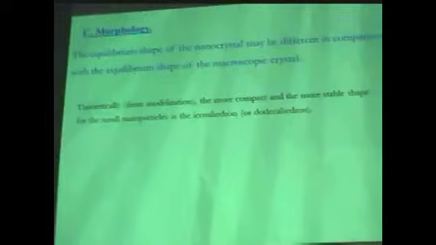The morphology of the nanoparticles also changes depending on the size, but the influence of the size is also not evident. The equilibrium shape of the nanocrystal may be different in comparison with the equilibrium shape of the macroscopic crystal.